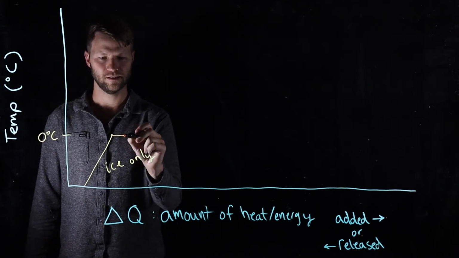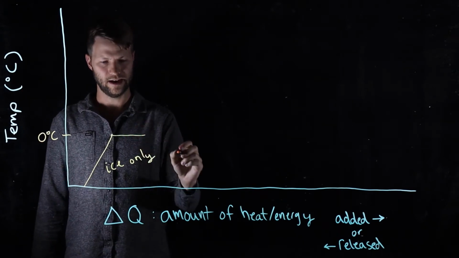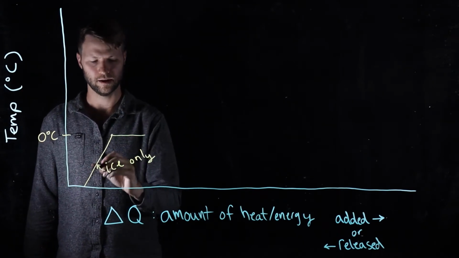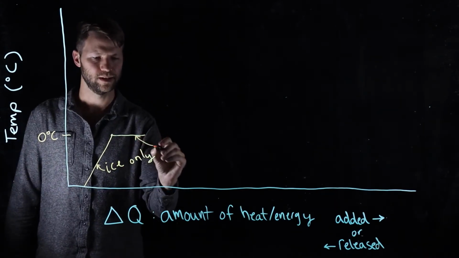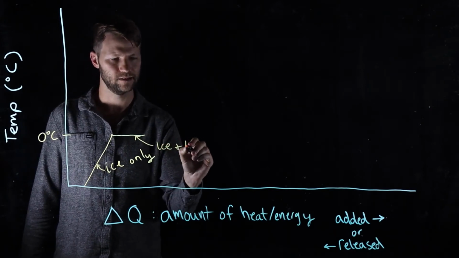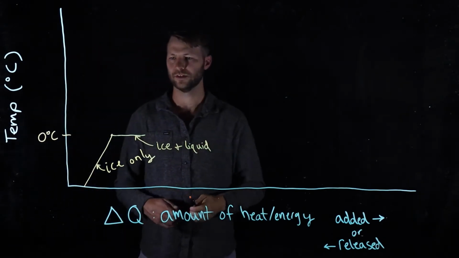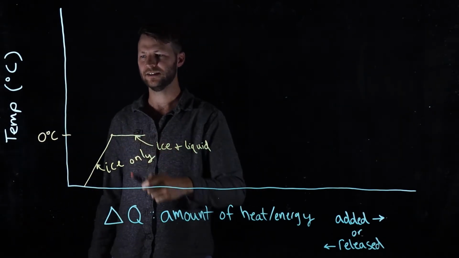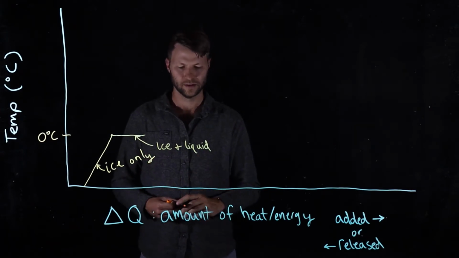And as we're moving along here, we're adding heat, and at this point in our plot, we've got something special where there's both ice and liquid water together. So we're adding heat, we're not changing the temperature of the ice, but instead we're causing it to melt.